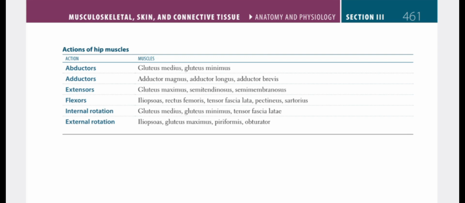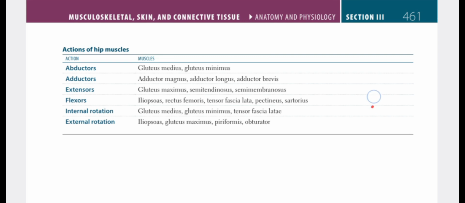So a brief quick revision: abductors are those muscles that move the body part away from the central line, and include gluteus medius and gluteus minimus. Adductors move the body parts towards the central line, and include adductor magnus, adductor longus, and adductor brevis. The extensors straighten out the leg, such as gluteus maximus, semitendinosus, and semimembranosus.